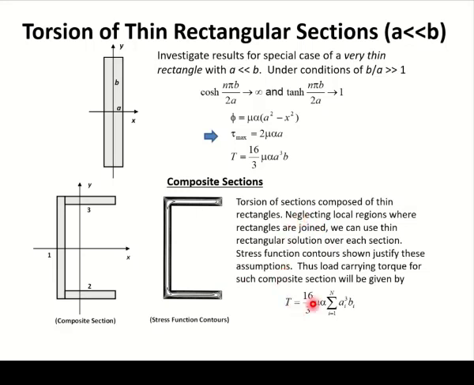From there, if you want to find your torque, you can get it from this equation. After you get your torque, you can get your alpha, and then your maximum shear stress in each region. Basically, we can use this equation, but we just need to add this A cube times B term for each section.